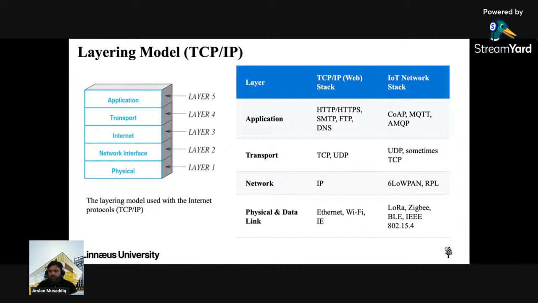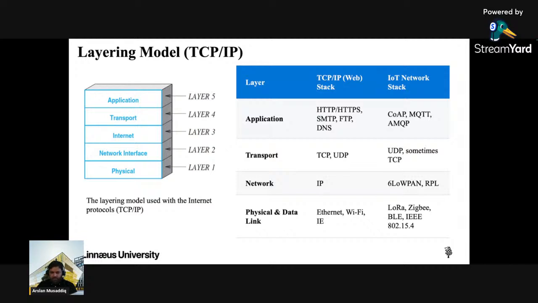For example, at the transport layer in IoT, we mainly use UDP. If you are not aware of UDP, just consider it for now as a protocol where we don't need acknowledgements or we don't need to create a connection. It consumes less power, it is fast, and so on. Similarly, we have different protocols for the network layer, because the traditional TCP/IP network layer has very heavy protocols that are unable to run on small IoT devices.